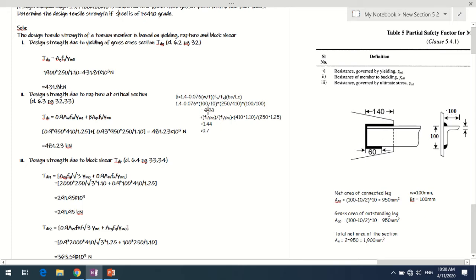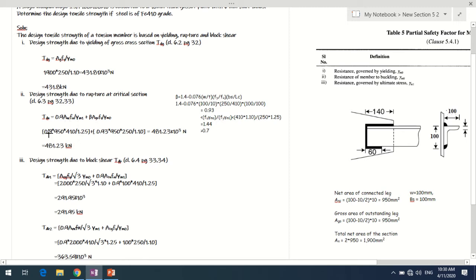So beta will be 0.93 from this, and you should see that it is not less than 0.7 and not more than 1.44. These limits are there, and our beta value is between these two limits, so I can adopt this as my beta while calculating TDN.